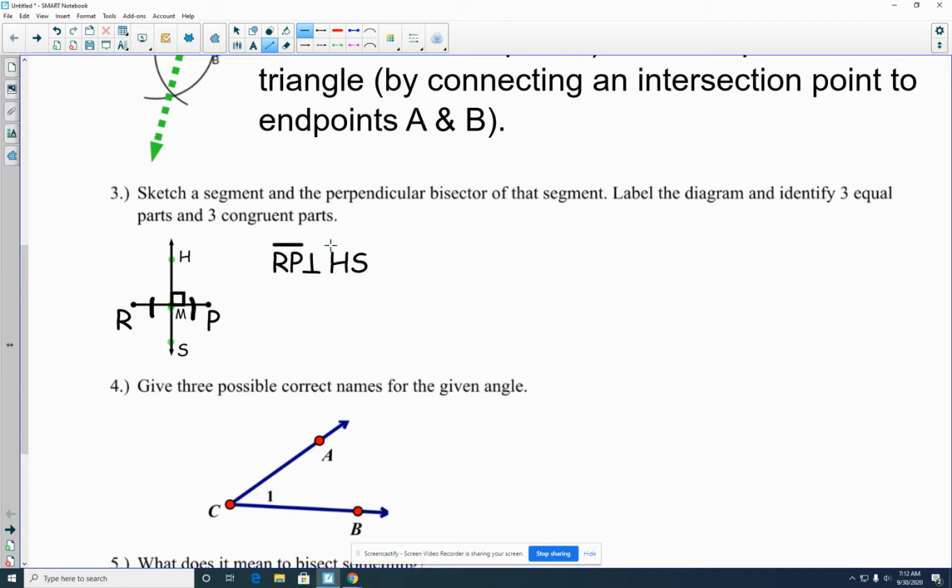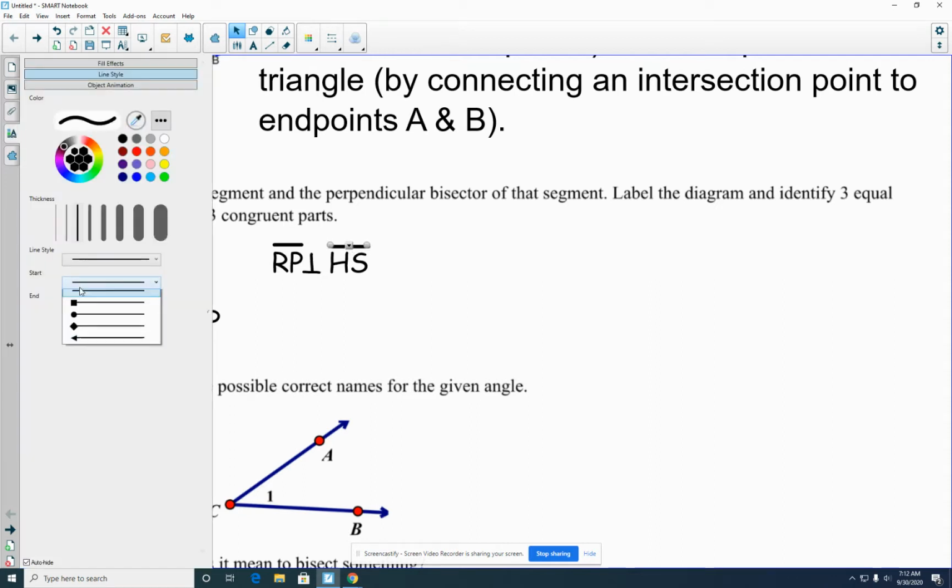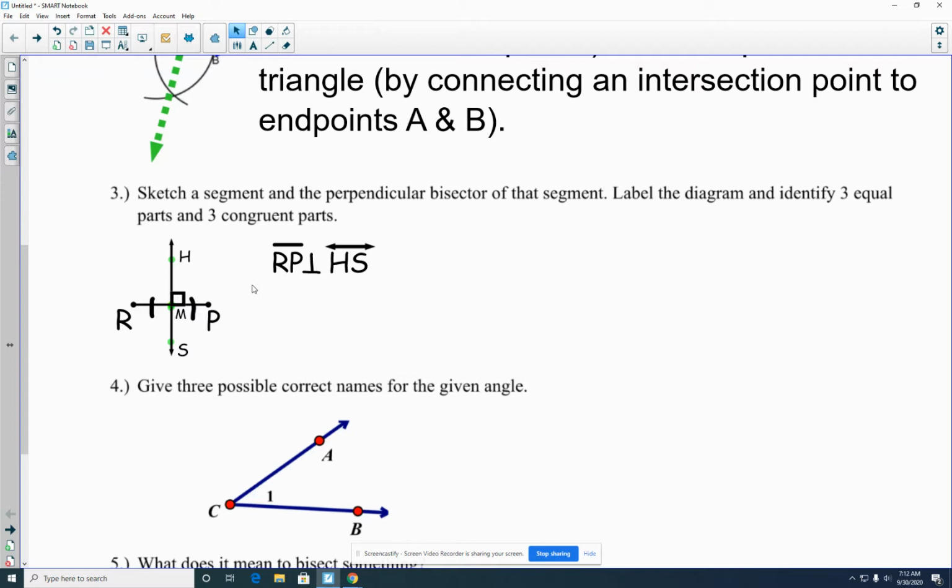HS is a line, so I am going to put arrows over this. We also know that there are going to be 4 right angles. And we said that there's a midpoint, and that's because HS bisects RP.